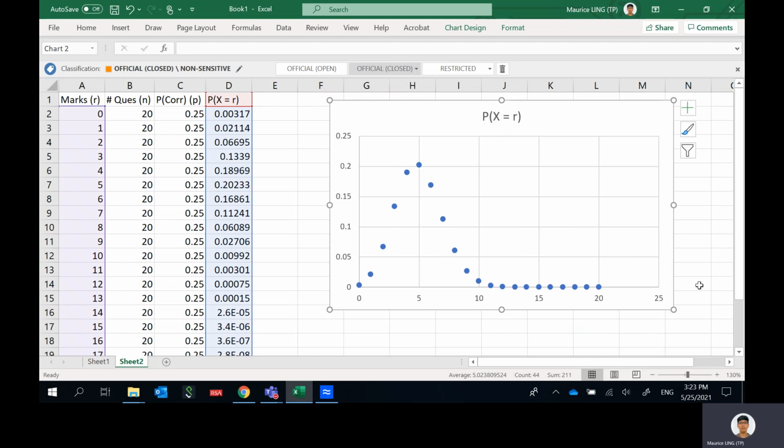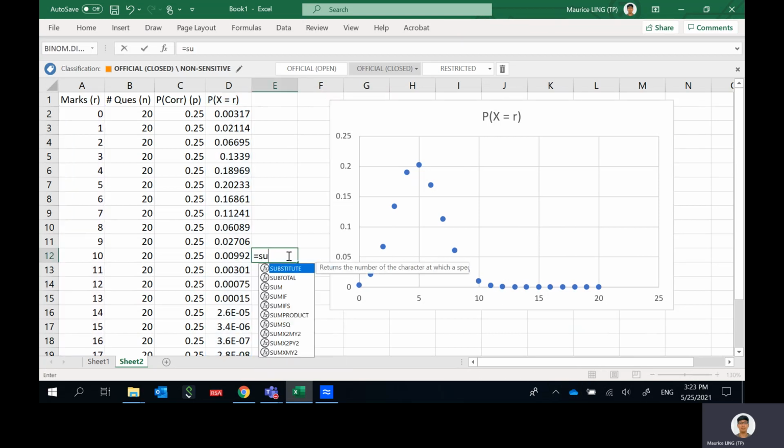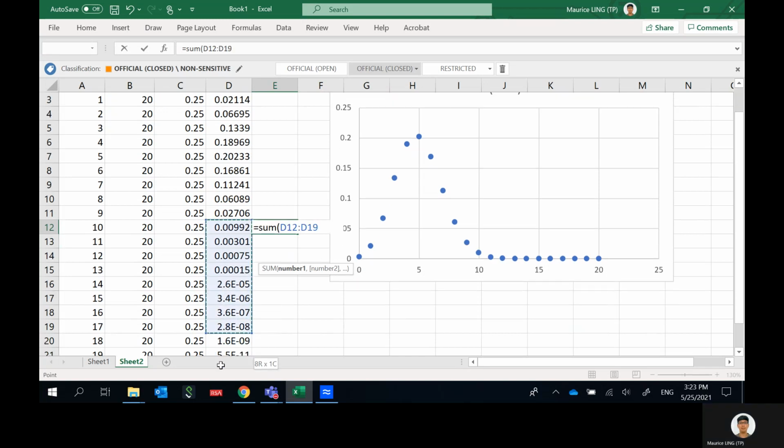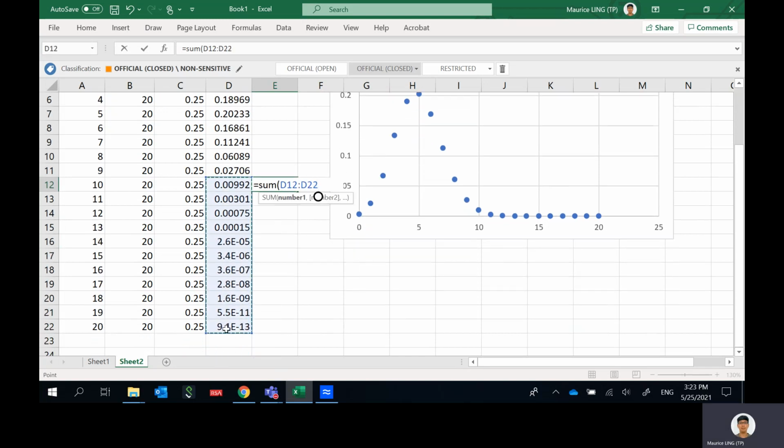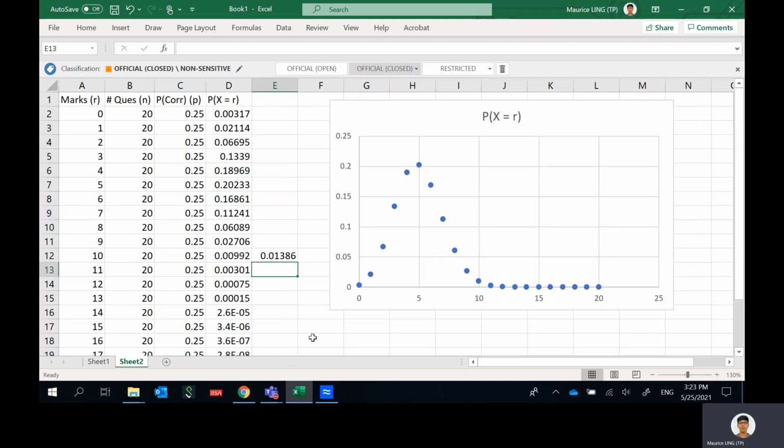What you need to pass a 20 MCQ is at least 10 marks, right? So you can do a sum for all the 10 marks and above. And you'll find that the probability for a 4-choice MCQ is 1.4%.